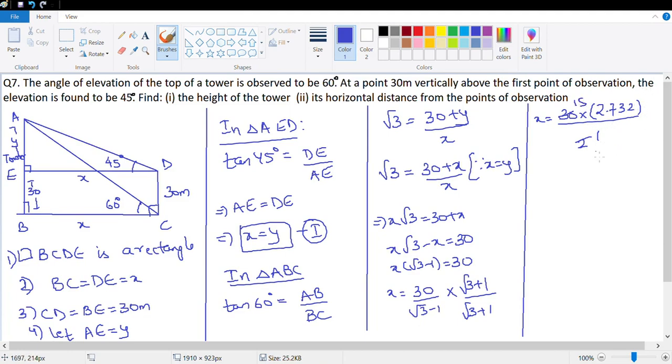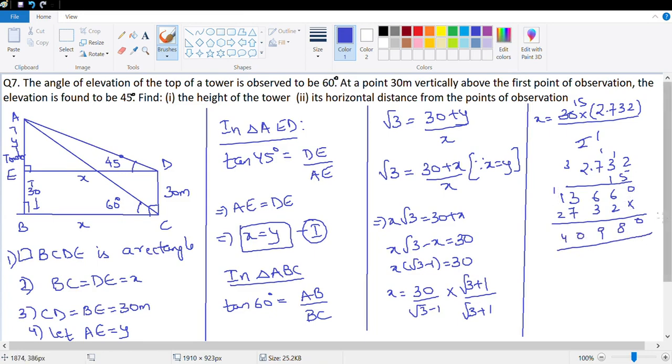Let's do this calculation. 2.732 multiplied with 15 gives 40980. How many decimals? 3. That's 40.98. Therefore X is equal to 40.98 meters.